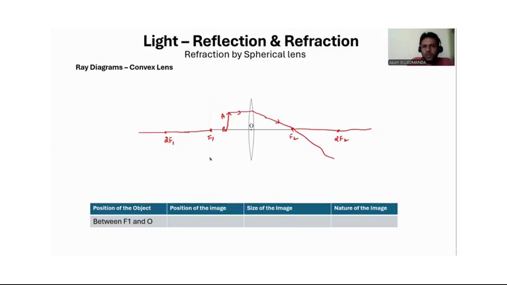Now, what happens if the light ray passes through the center? If you see on the right-hand side, these rays are going divergent, so they will never meet. So what we can do is project these rays backward as imaginary rays.